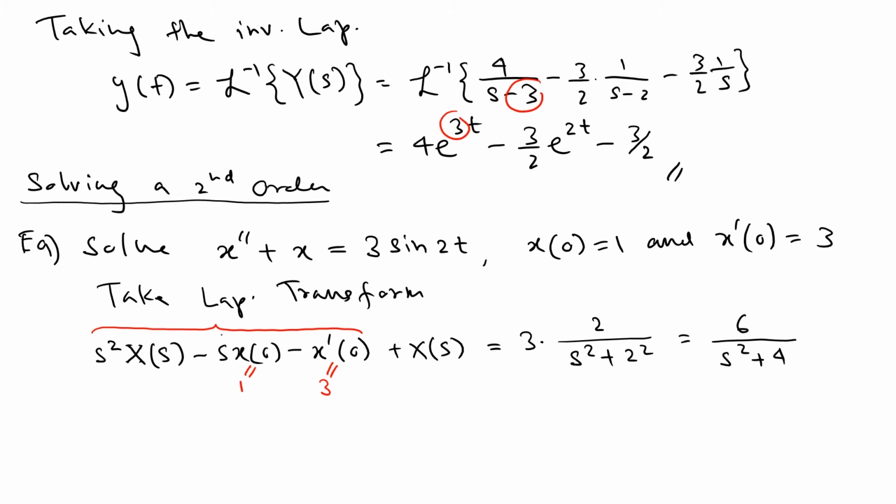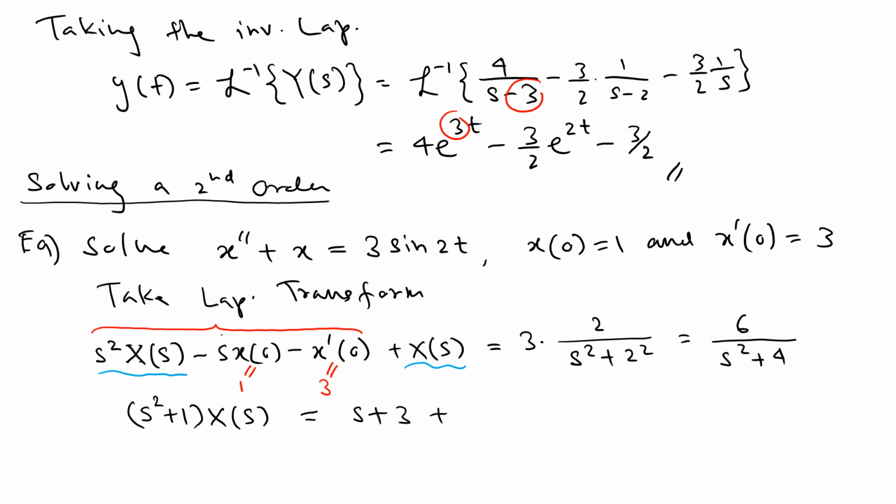If you do that, what do you get? Here you can combine the first two terms. That means you're going to get s squared plus 1 times X(s). That's what you get from these two terms. And then I'm going to move the other terms to the other side. So minus s becomes s, and negative 3 becomes positive 3. That's what you get from those terms once you bring them to the other side.